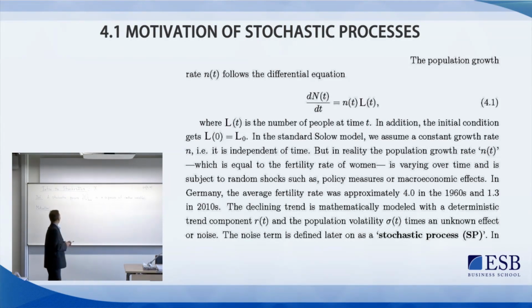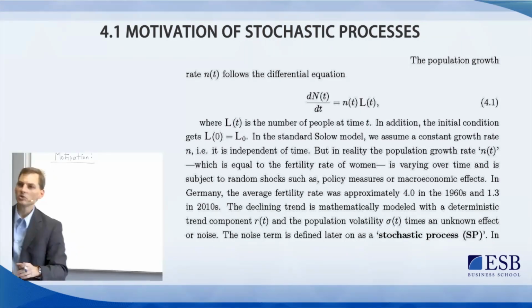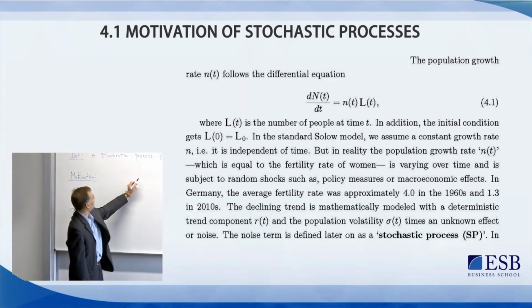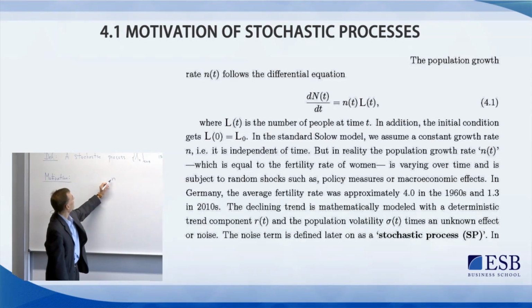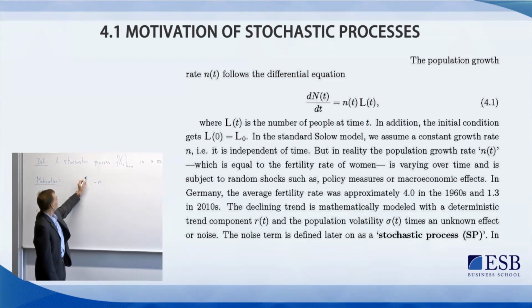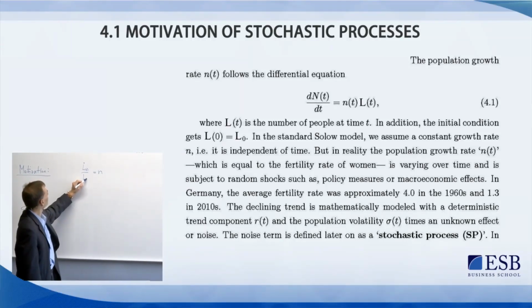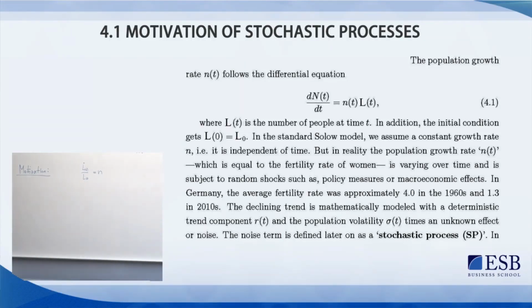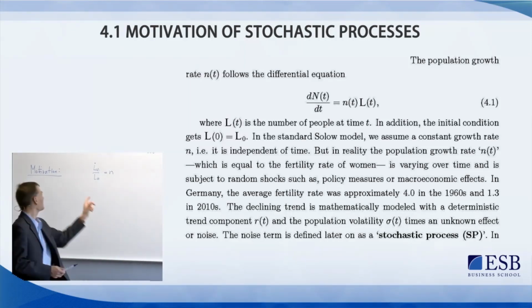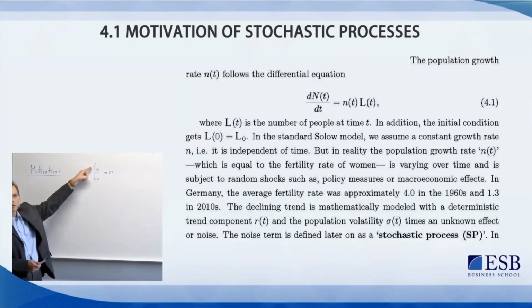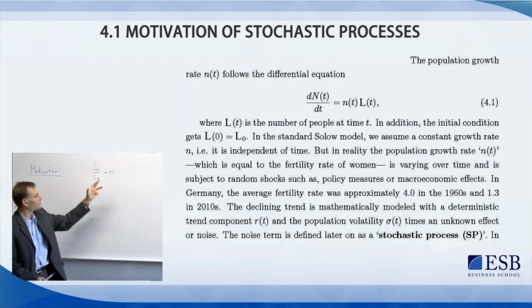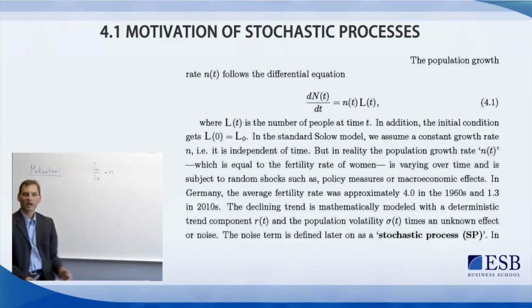The population growth rate, which we labeled with a small n, was the change of the labor variable over time divided by the labor variable dependent on time t. So a growth rate was always the change of the variable over time: L_t dot, the first derivative of this function with respect to time, divided by L_t, equals n, the population growth rate.